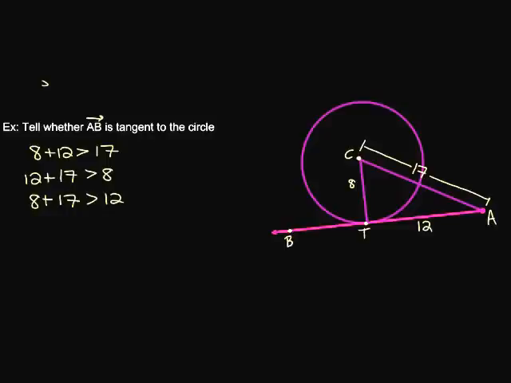We can look at this: 8 plus 12 is definitely bigger than 17, 12 plus 17 is most definitely bigger than 8, and 8 plus 17 is bigger than 12. So this together tells us that our picture does make sense. These sides do form a triangle.